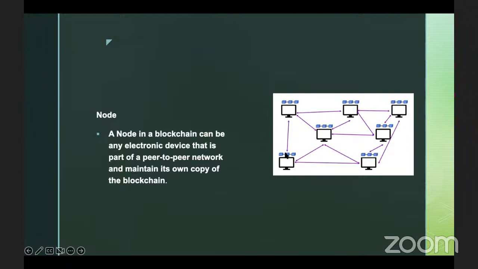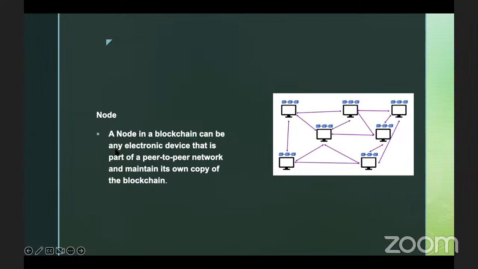You need to know something of the previous block to create the next block, so it has a chronological order. All these people are doing some transactions, and the copy of the blockchain will be held by every computer in the network, this P2P network. Every computer is called a node.